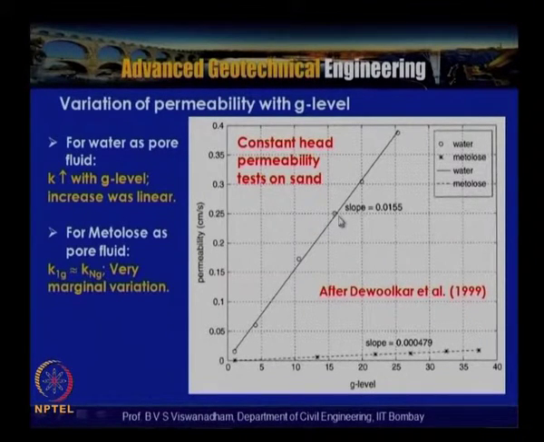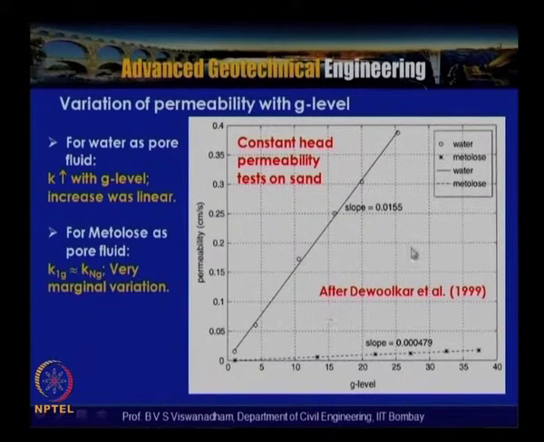So this was the test which was carried out. These marginal differences could be due to differences in the preparation of the sample. You can see that the slope of this line is 0.00047 and this is 0.0155.